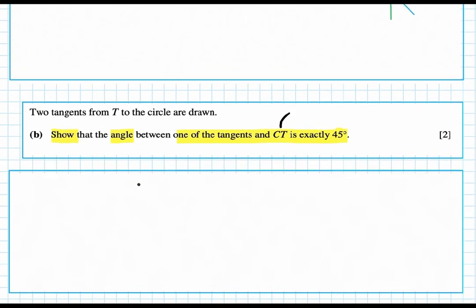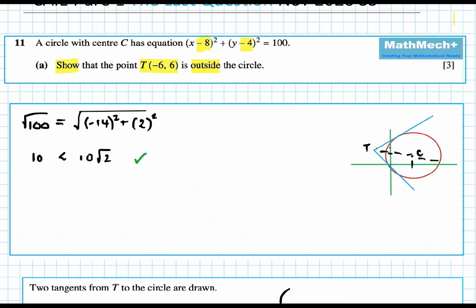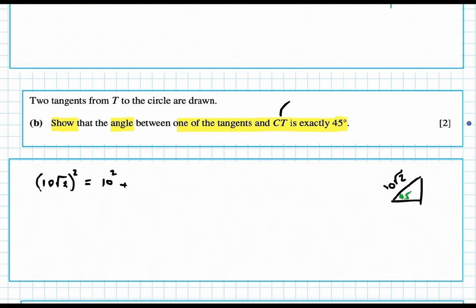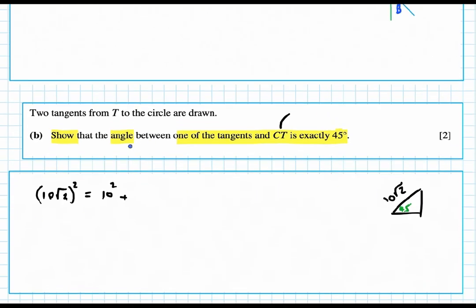So our hypotenuse will be, from the earlier part A, 10 root 2. And we also know that one side is 10. So we're using Pythagoras here. So 10 squared plus, I'll call them A and B, I suppose, TA, TB, so TA squared.